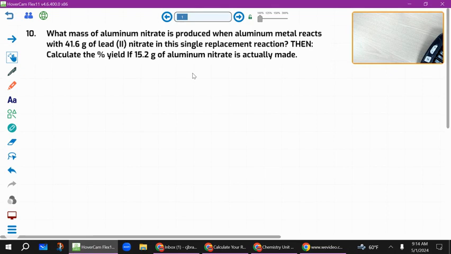And then we have to get through some things today. But we'll get through them a lot quicker if you will give me your attention and listen. What mass of aluminum nitrate is produced when aluminum metal reacts with 41.6 grams of lead nitrate in a single replacement reaction? All right. So aluminum metal is a reactant.